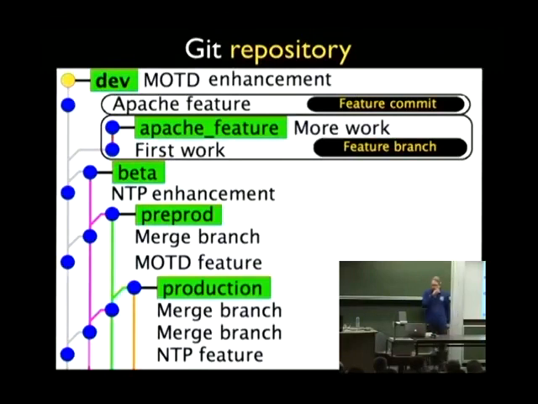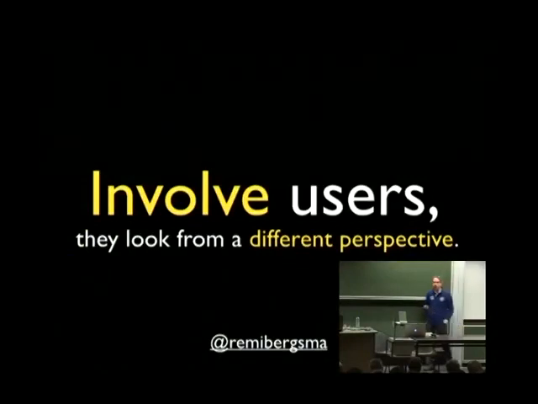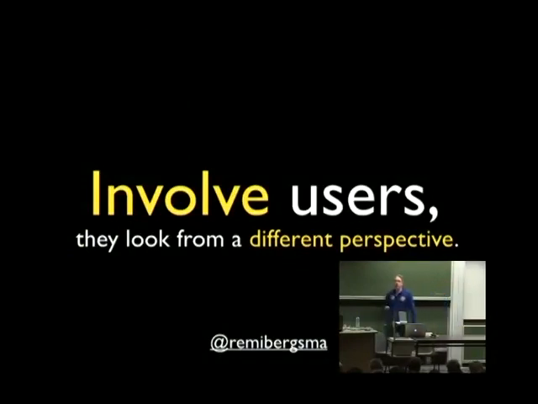So that's very important. We also shared this Git repository in read-only to our users, so they could actually see what we were building, what we were doing, and that was a very open way of working. So if they submitted a problem, they would see another commit that changes, etc. So involving users in this whole process is a very important thing, because they look from a different perspective usually.